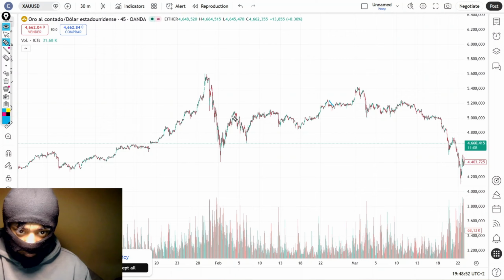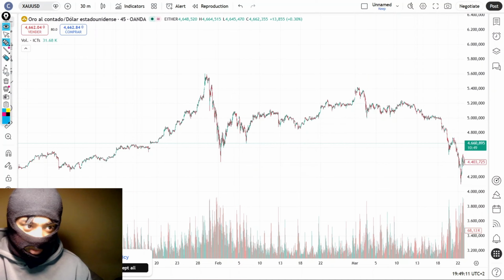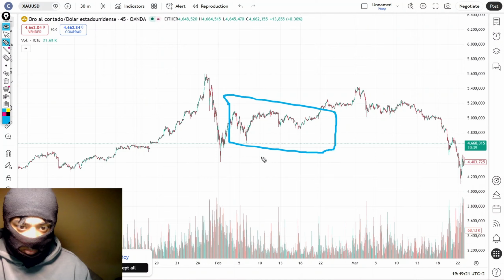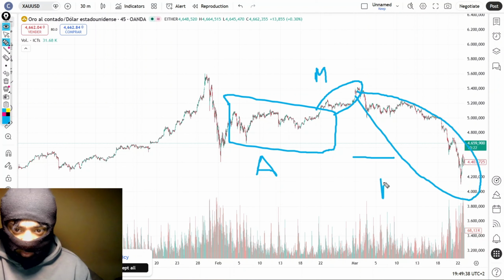Accumulation zone. I will mark this as A. Accumulation, manipulation, and all this move again, distribution.